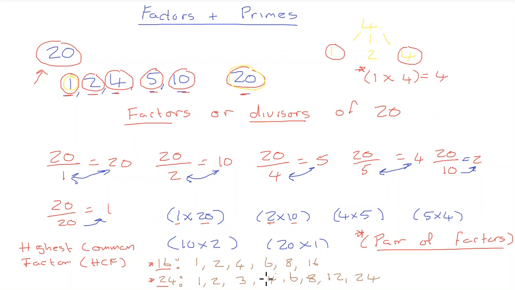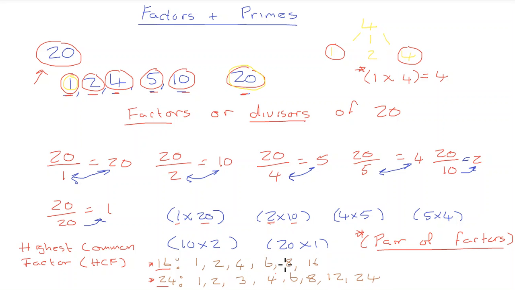Now, what is the highest common factor? It's a factor that's common to both of these numbers. So 1 and 1 are common factors between 16 and 24. 2 and 2 are, 4 and 4 are, 6 and 6 are, 8 and 8 are.